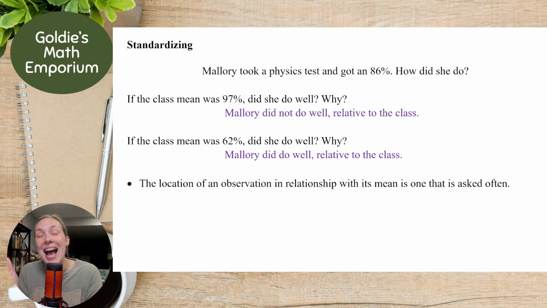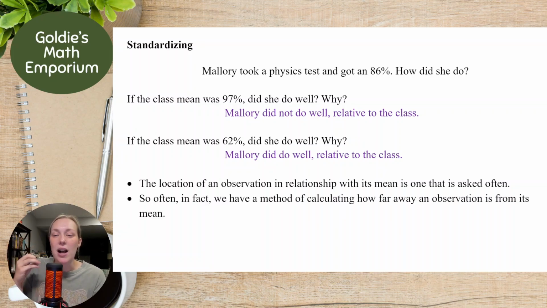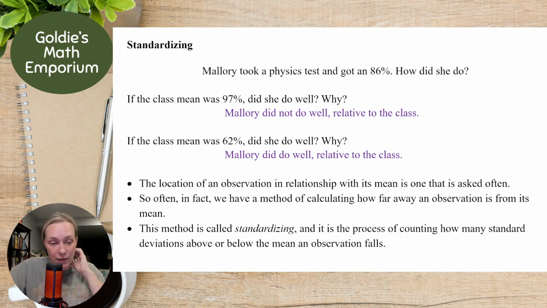Now, when we ask, relative to the class, how did she do? We are looking at an observation in relationship to the mean. And it's one of those relationships that is asked so often that we actually have a mathematical procedure for it. We want to calculate how far an observation is away from the mean of the data set that we got it from.